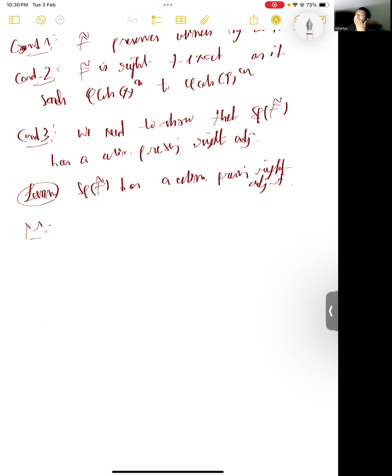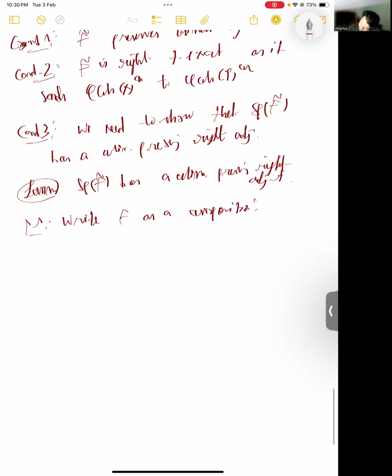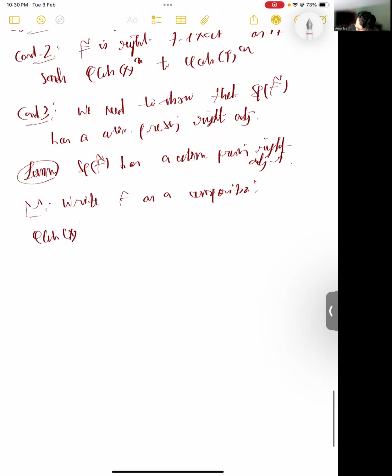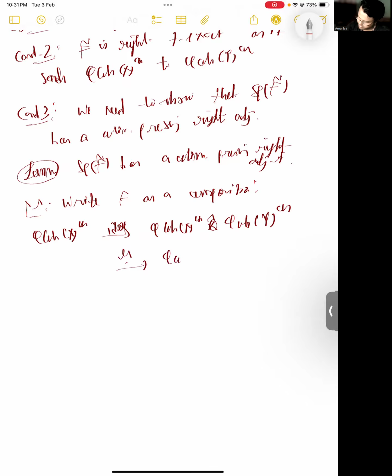Okay, first write F as a composition as follows. Go from QCoh X connective to QCoh Y connective, then tensor with QCoh Y connective via mu, right?